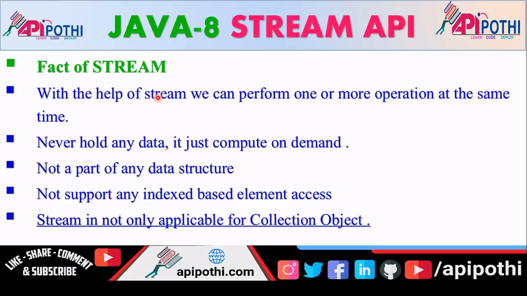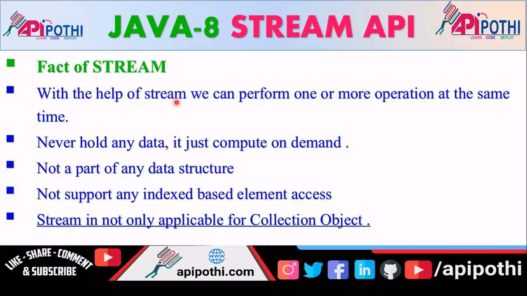Now there are some facts about stream: what exactly stream is doing, what exactly stream cannot do, and what are the terms and conditions in stream. First, with the help of stream we can perform one or more operations at the same time. That is the definition of stream, meaning we can process bulk data in one shot.